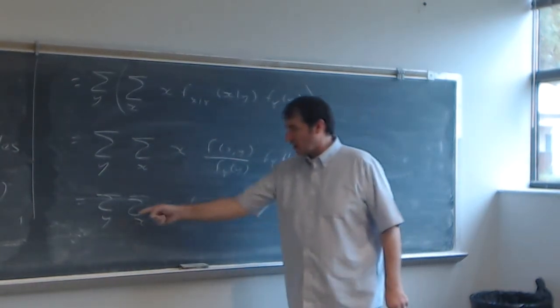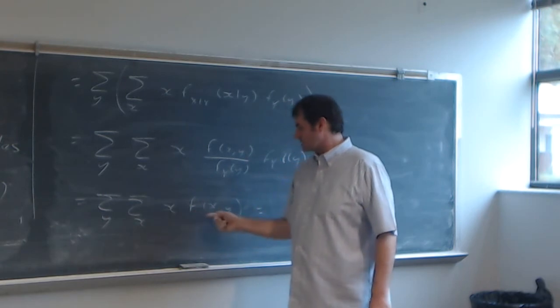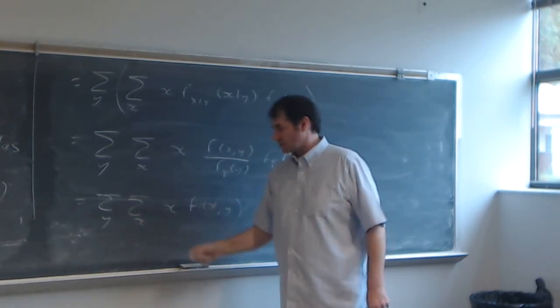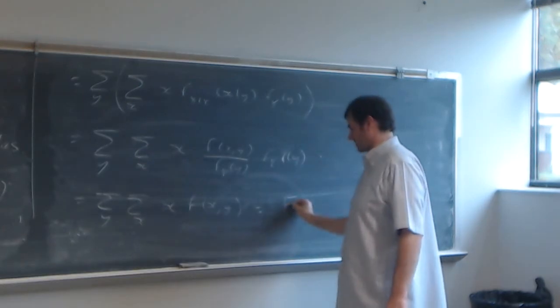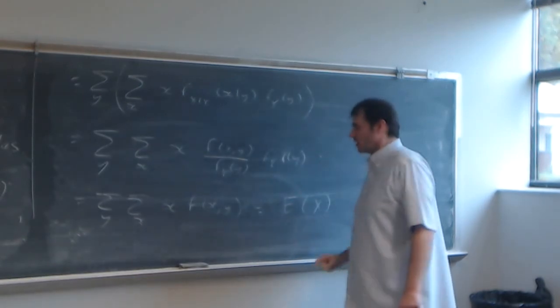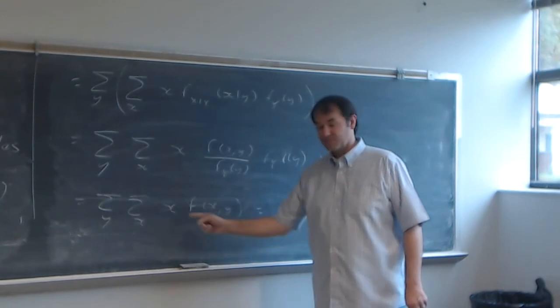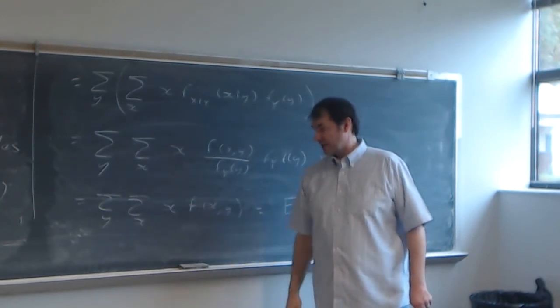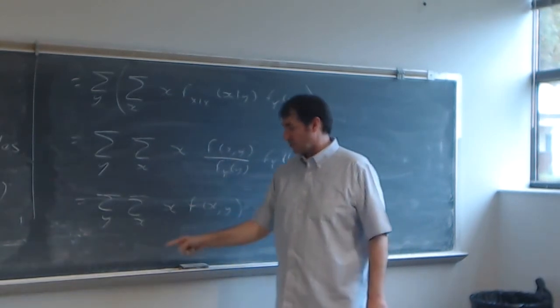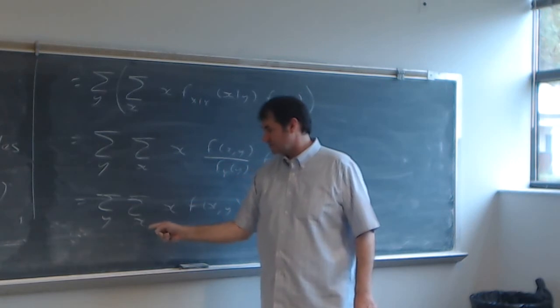Here, when you sum up x times the joint PDF between x and y over all x and y values, that's nothing more than the expected value of x. You can simplify the long version by interchanging the sums, pulling out the x's.